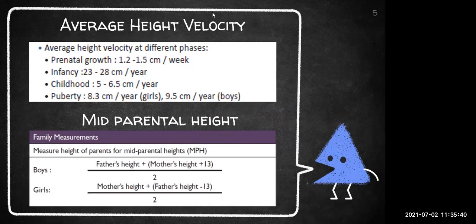Then you have to plot the mid parental height. From the mid parental height you decide the height potential, which is 2 standard deviations above and below the mid parental height, about 10 cm. Then only you can decide. If the child is plotted lower than that, then you say this is short stature. But if the child is within the height potential, then you cannot say short stature. This is normal height for the child, because the genetic potential is only that.